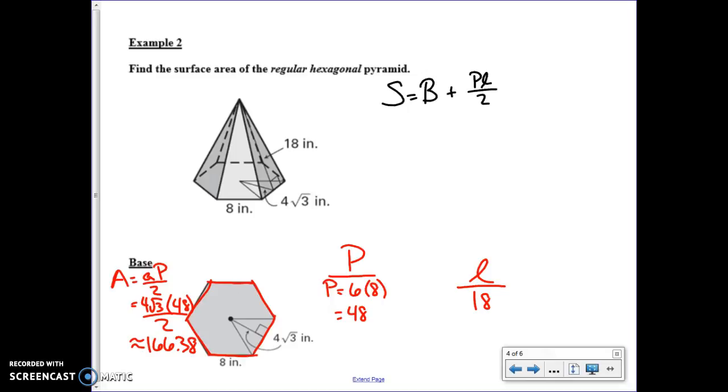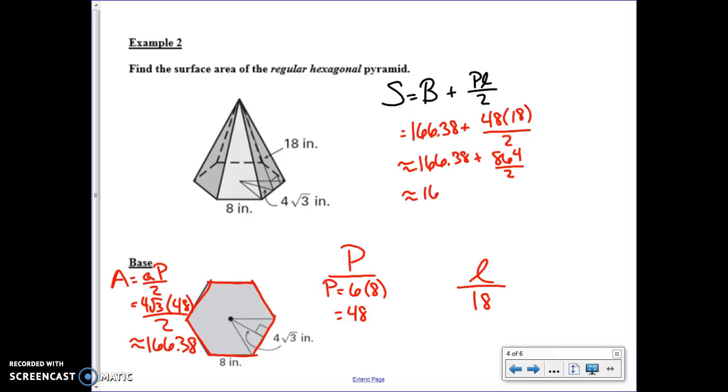So 166.38 is what goes in for B, plus the perimeter of 48 times the slant height of 18 over 2. So then I get 166.38 plus 48 times 18 gives me 864 over 2.